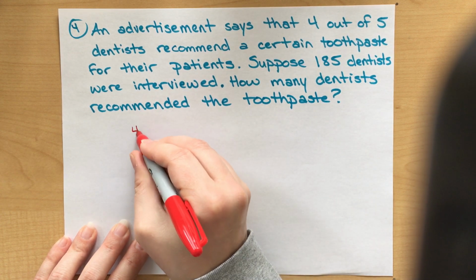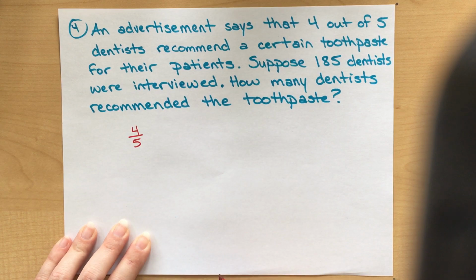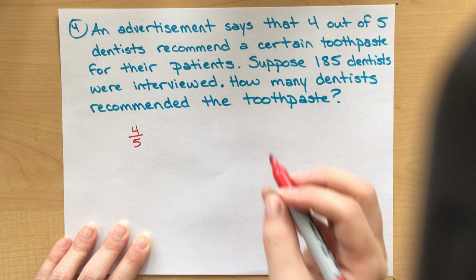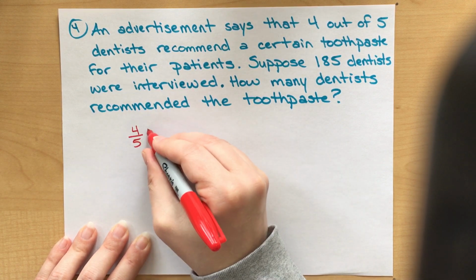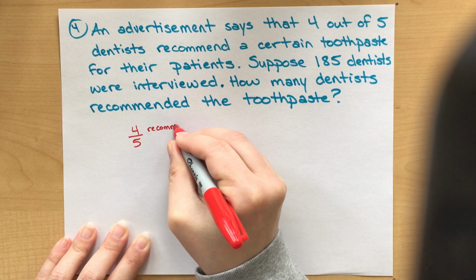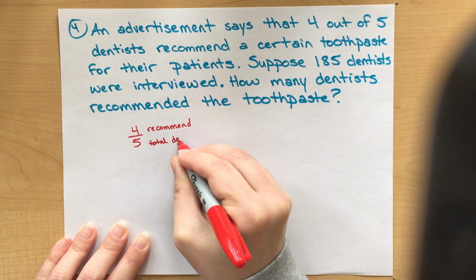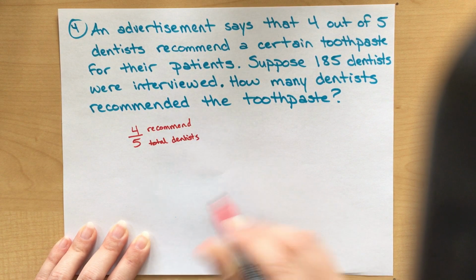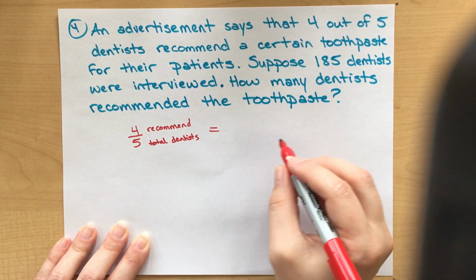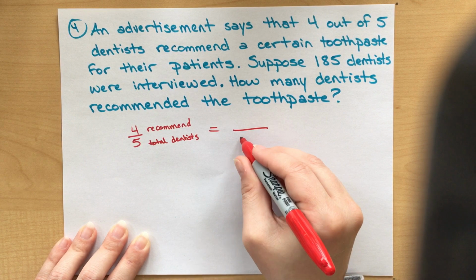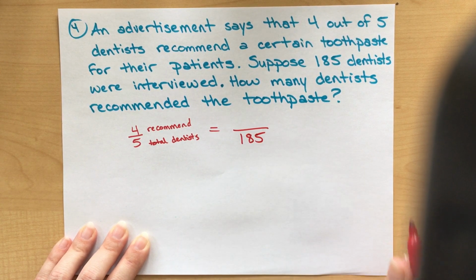So if we say that 4 out of 5 recommend it, right? This is the people who recommend it, and that's out of the total dentists. So you could actually look at this and create instead an equivalent fraction, and that would be one way to solve it, and that's totally fine.